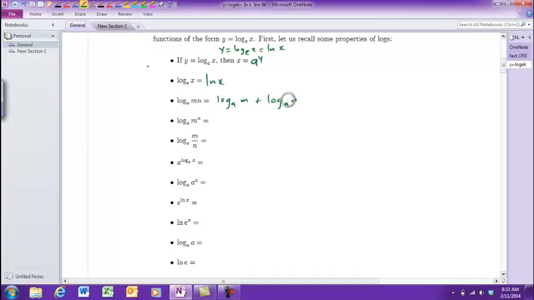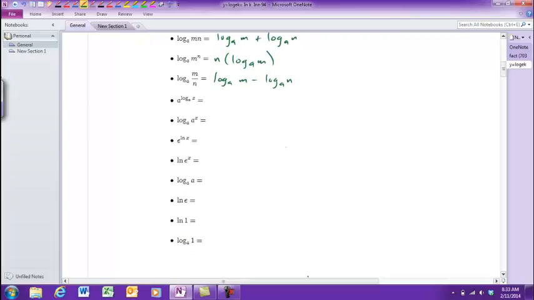Log base a of m to the n, you can bring the exponent down in front, so that's n times log base a of m. If you're dividing m by n inside a logarithm, then you can subtract the two logarithms, log base a of m minus log base a of n.